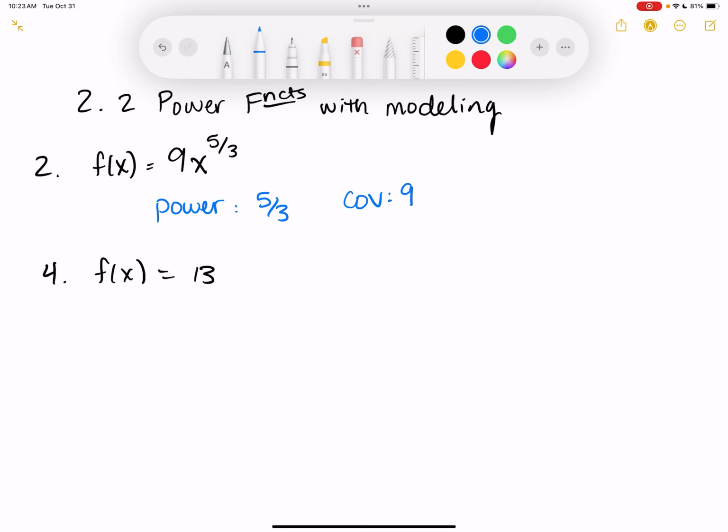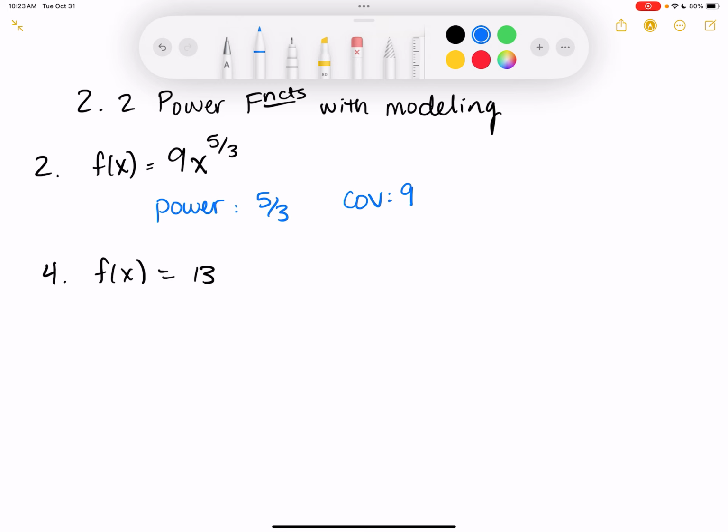Okay, I thought I was going crazy. There's only one problem in this entire section that's not a power function. I thought I was going crazy because I was like, there's no way these all are. No, they really are. So it is a power function.